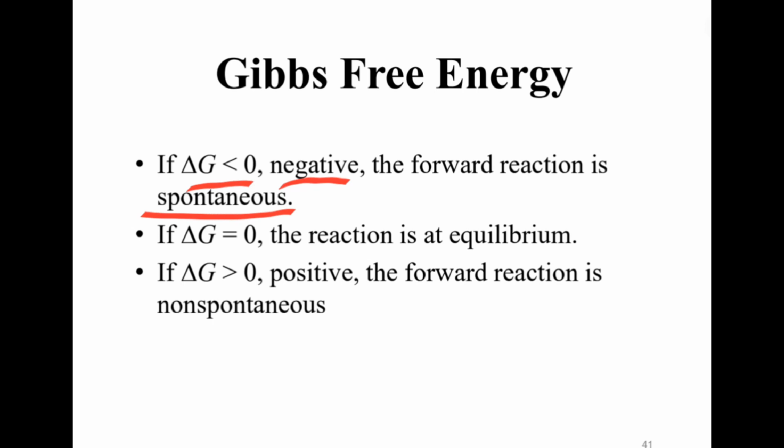If it's negative, the forward reaction is spontaneous. Change in Gibbs free energy ከ0 ካነሰ ማለትም ኔጌቲቭ ከሆነ የፎርወርድ ሪአክሽኑ ስፖንታኒየስ ነው ማለት ነው። If change in Gibbs free energy is equal to 0, the reaction is at equilibrium.